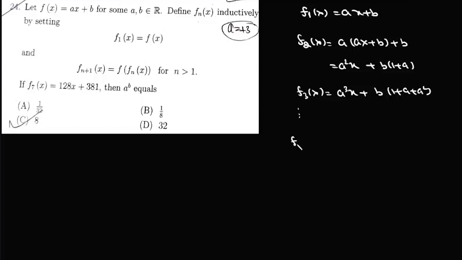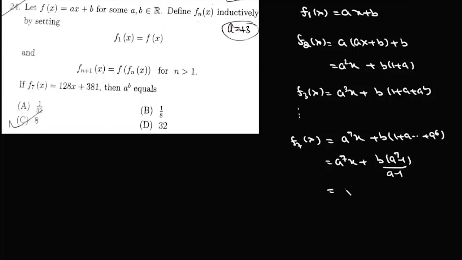In the same way we can write f7x, and that will be a to the power 7 x plus b into 1 plus a up to a to the power 6, or we can also write this as a to the power 7 x plus b into a to the power 7 minus 1 upon a minus 1. Now we are given that it is equal to 128x plus 381.